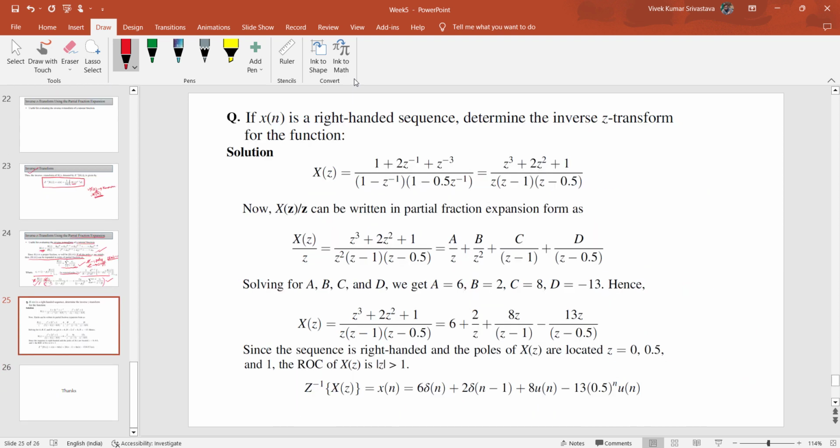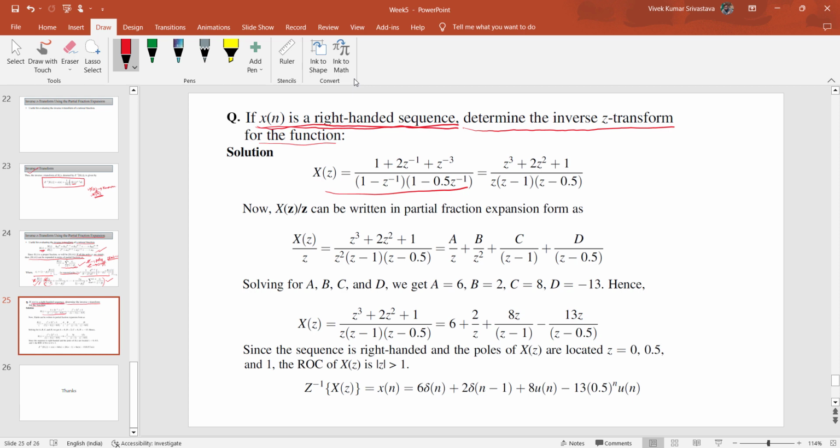So now let us take one example. Here let us say x of n is a right handed sequence which is given to us. Now we have to determine the inverse z transform for the function. So here the function is given to us. By using the partial fraction method we have to evaluate the inverse z transform, and it is given in the question that x of n is a right handed sequence.